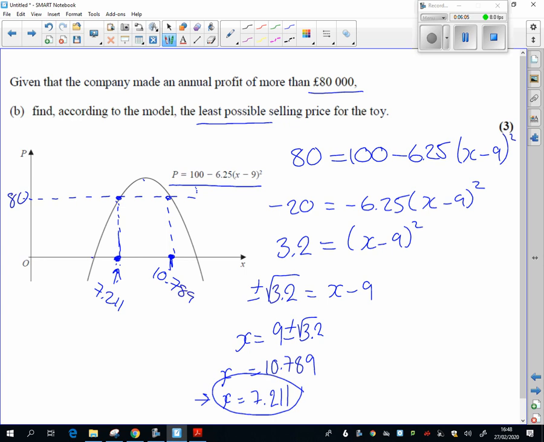But if you round it down to £7.21, you're going to get a profit of slightly less than 80,000. So in the context of this question, we actually don't want to round it according to the rules of rounding. I need to think about what's actually going on, and they'll need to sell it at £7.22, and then they'll make a profit a little bit more than 80,000. But the original question said the least possible selling price for a profit of more than 80,000.